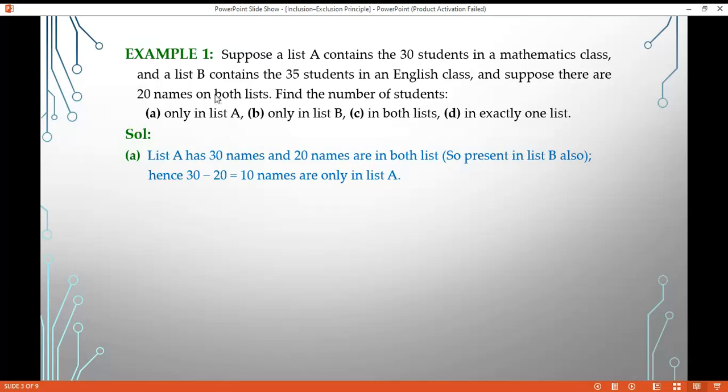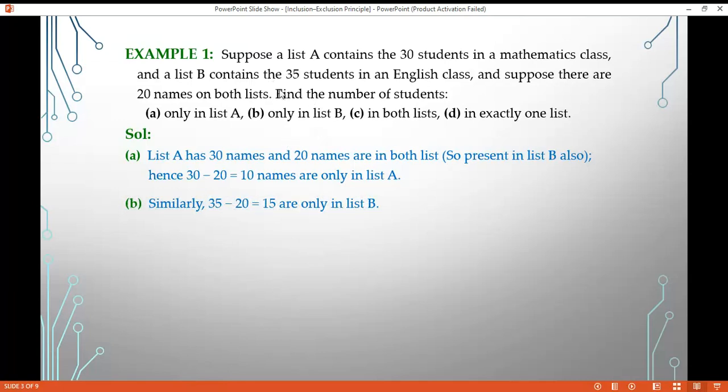Here we calculate only the list of A. So what we do, we subtract from the total list A students, 30 minus 20. When we subtract 30 minus 20, we get 10 names, and these are only in list A. Clear?